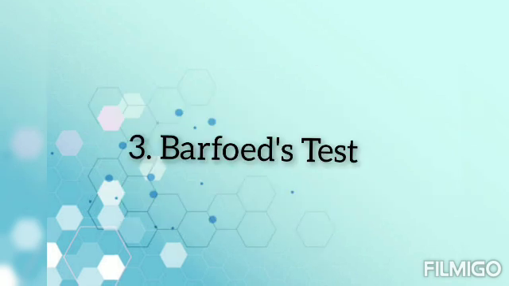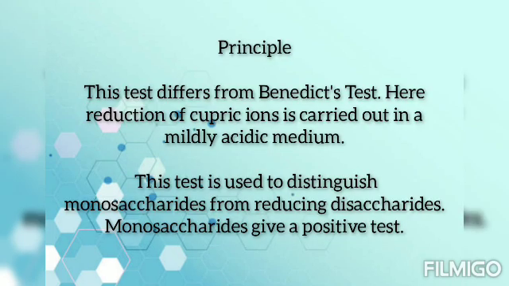The third one is the Barfoed test. Principle: this test differs from the Benedict test. Here, the reduction of cupric ions is carried out in a mildly acidic medium. This test is used to distinguish the monosaccharides from reducing disaccharides.